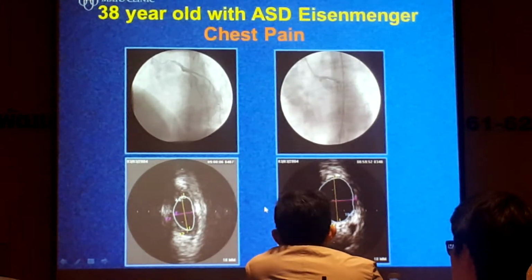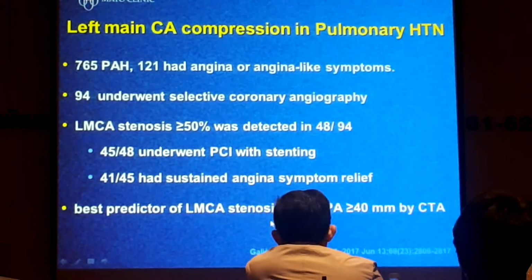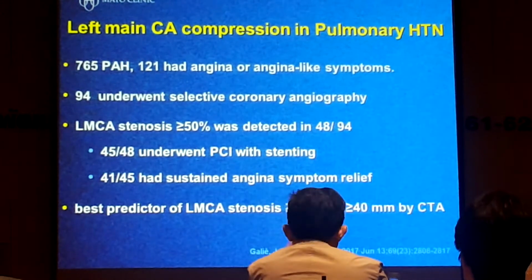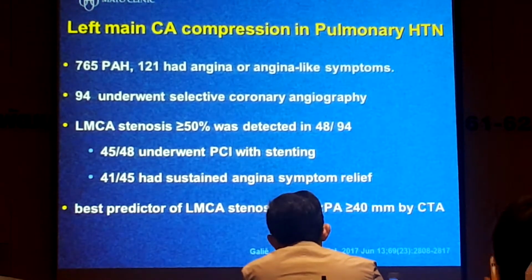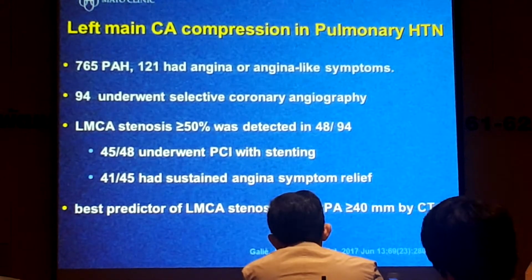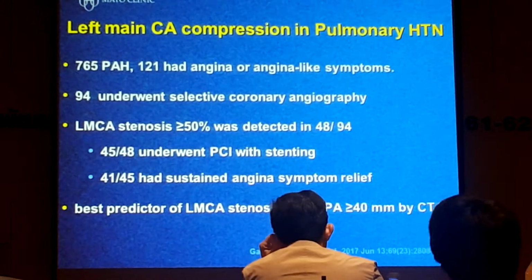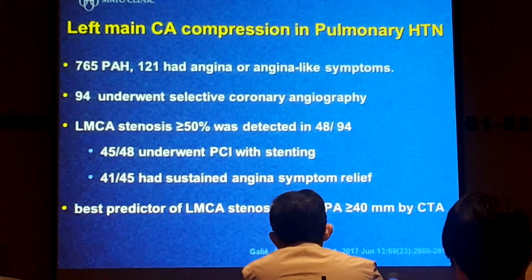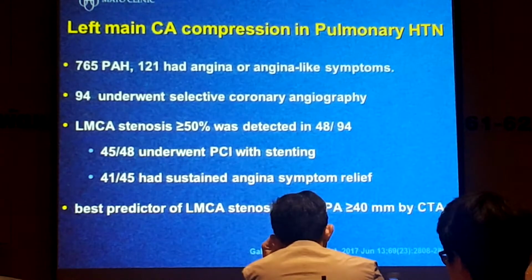It was my mistake, because there's a paper written just last year looking at this and identifying how often you see these patients with a compression of the left main by the dilated PA. And the predictor by CT scan is a main pulmonary artery size of more than 4 centimeters. And then Eisenmenger syndrome predicts the presence of ostial left main compression that you can stent and do well after.